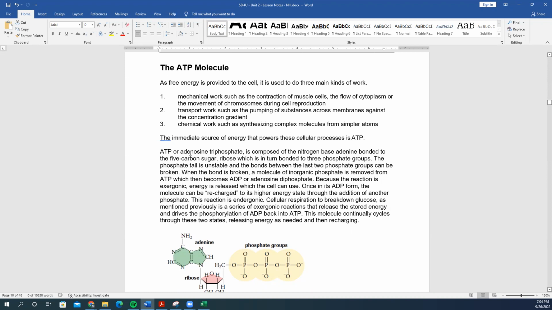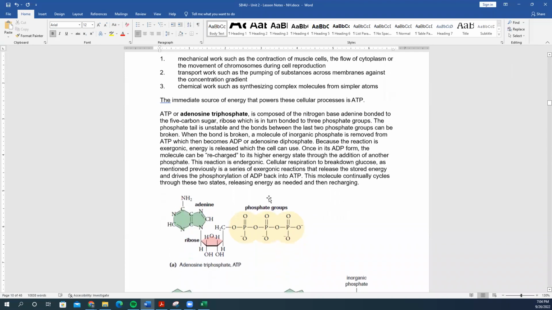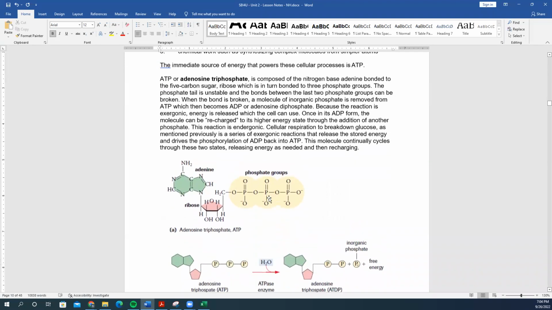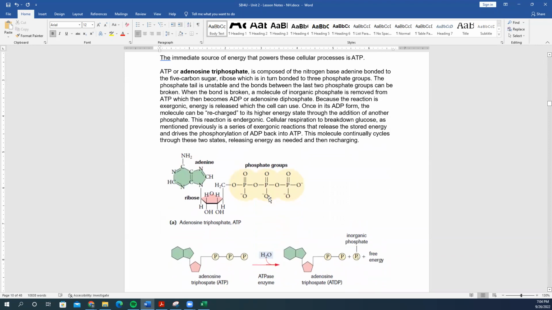ATP, or adenosine triphosphate. ATP stands for adenosine, A, T is for tri, and then the P is for the phosphate, adenosine triphosphate. That molecule looks something like this.